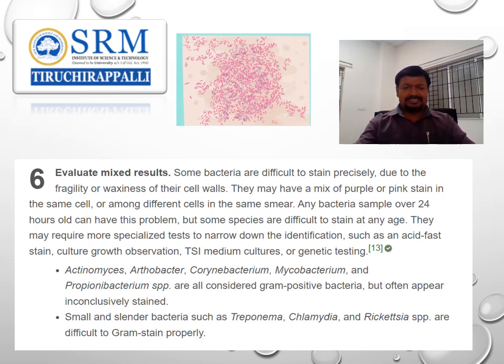Actinomyces, Arthrobacter, Corynebacterium, Mycobacterium, and Propionibacterium species are all considered Gram-positive bacteria but often appear inconclusively stained. Thin and slender bacteria such as Treponema, Chlamydia, and Rickettsia species are difficult to Gram stain properly.